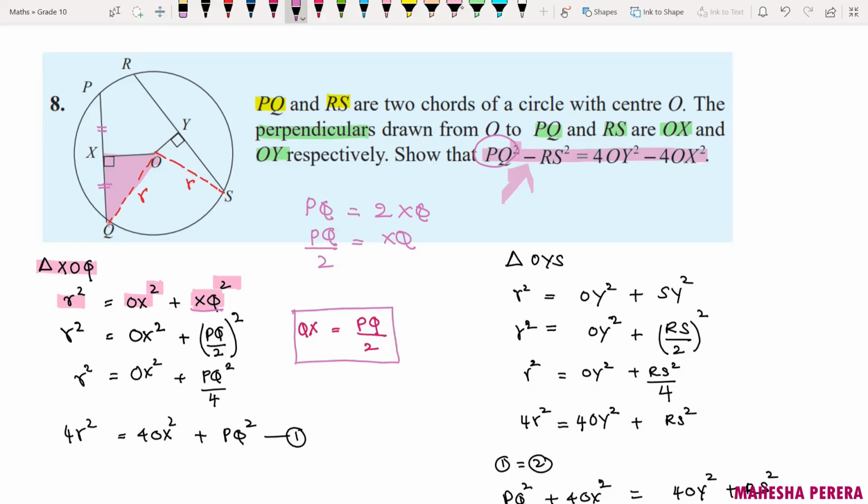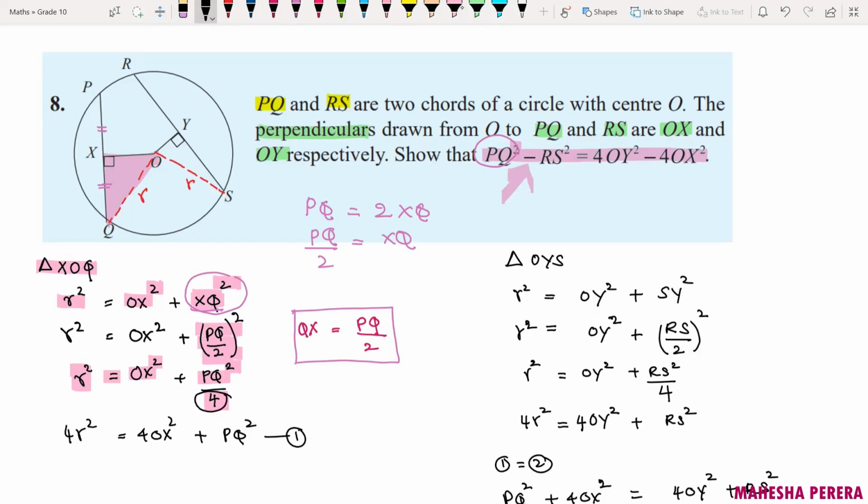So I can say that XQ equals half of PQ. Instead of writing XQ squared, I write PQ over 2 squared. Now when you square it, it will become PQ squared over 4. Now what you have is R squared equals OX squared plus PQ squared over 4. Now let's get rid of this 4.